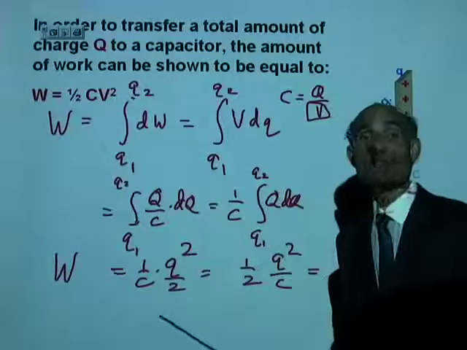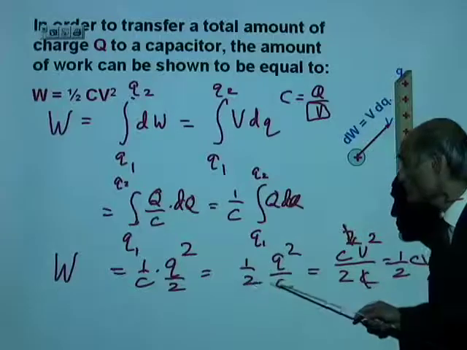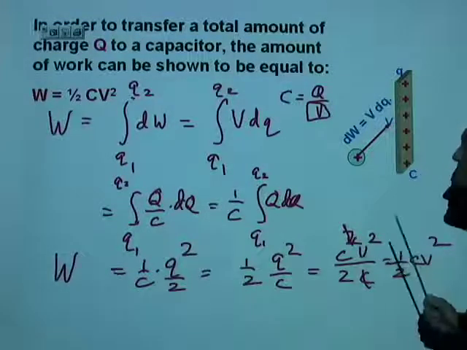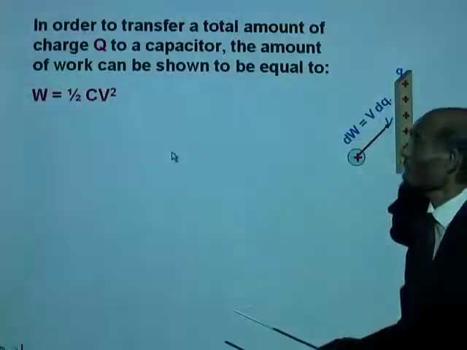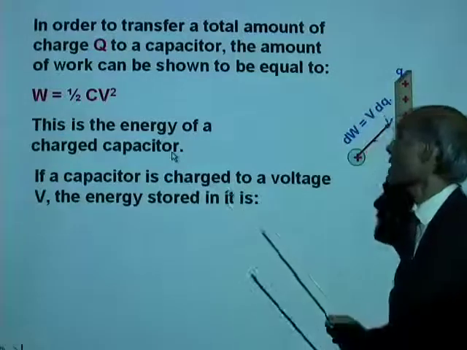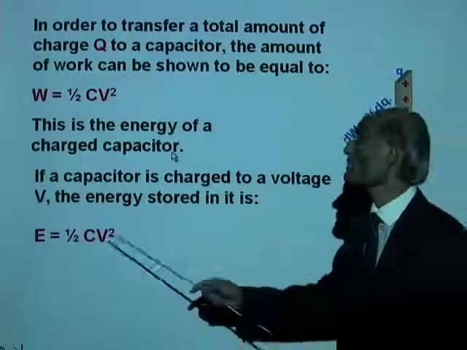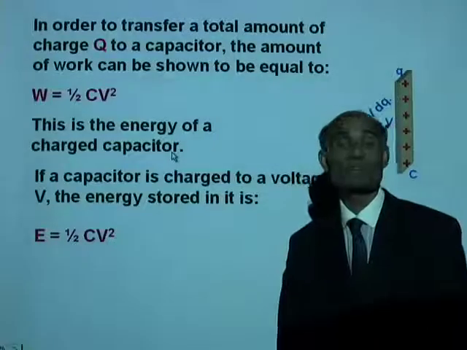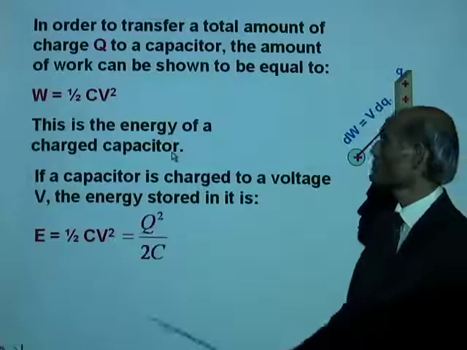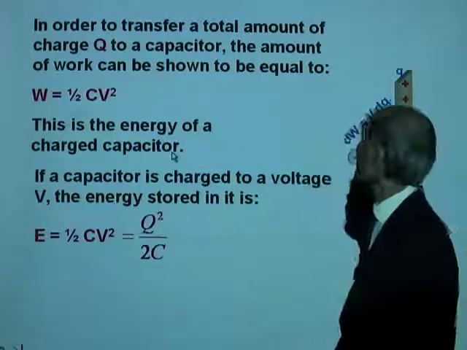The energy of a charged capacitor is Q squared over 2C, which is the same as 1/2 CV squared. So if a capacitor is charged to a voltage V, then the energy stored in the capacitor is E equals 1/2 CV squared, which is the same as Q squared over 2C.